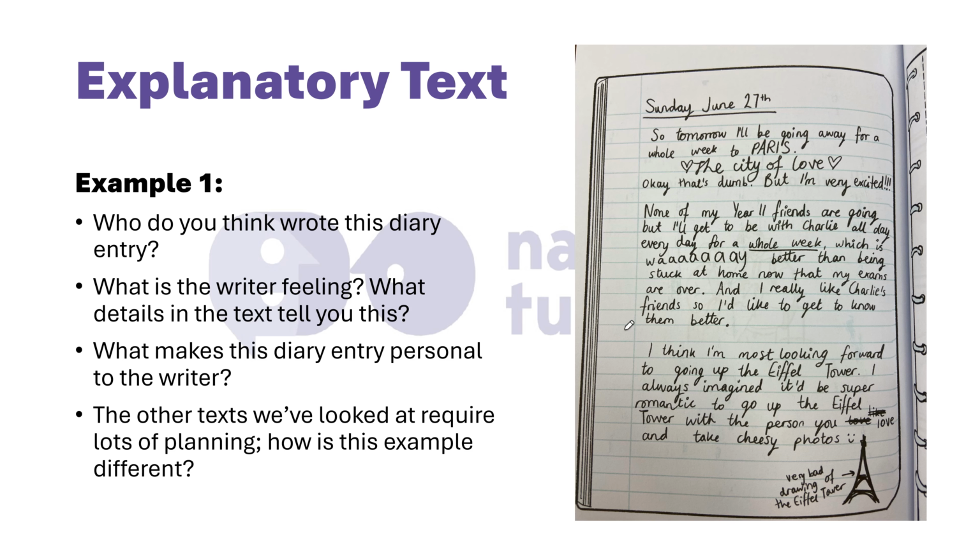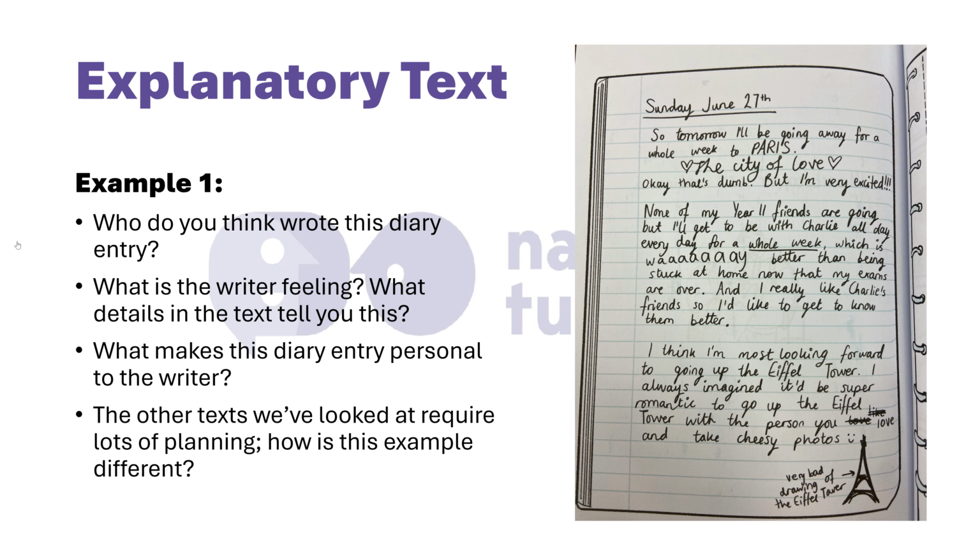Now, what elements of the diary entry make it personal to our writer specifically? Well, there's a mention of a person called Charlie. Again, we don't know if they're a boy or a girl, that doesn't matter. But the writer tells us how excited they are to spend a week with this person and Charlie's friends. This is personal to them.